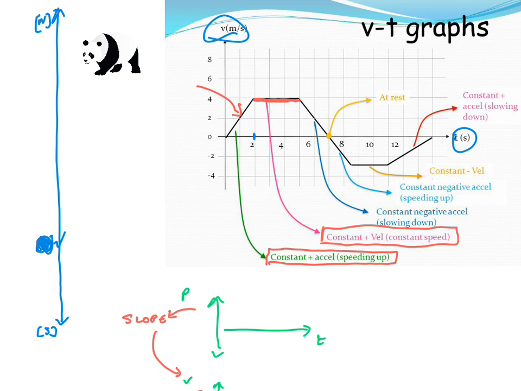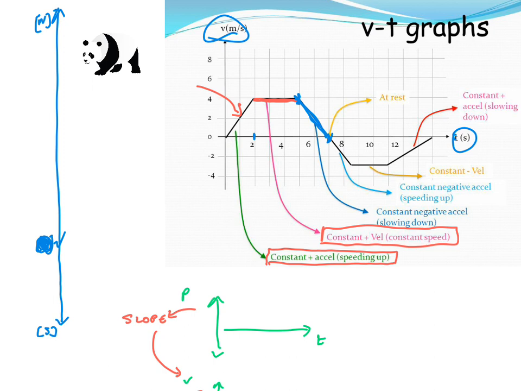So in this next part, there appears to be a negative acceleration because there's a negative slope. And we can also see that the panda's velocity changes from 4 to 0. So its velocity goes down. And this is caused by a negative acceleration.